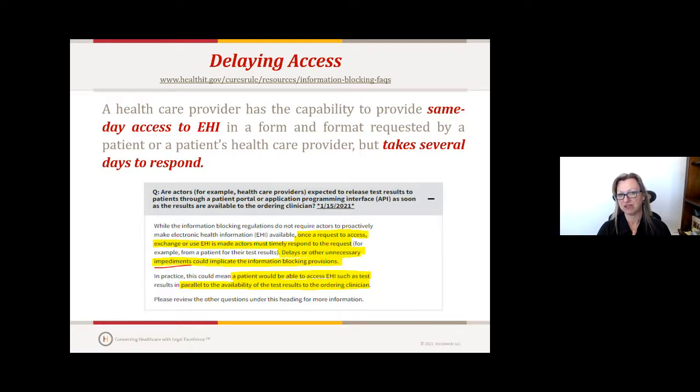ONC has been fairly clear in this regard that default delays, such as a default delay of 3 days or a default delay where the ordering physician has to review it before it gets released, would implicate information blocking. And they've repeated that point.